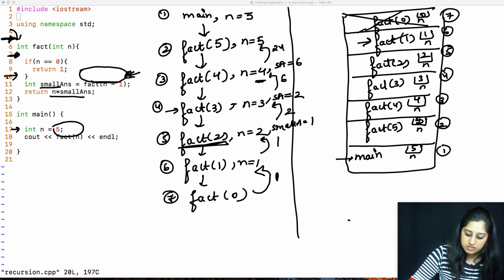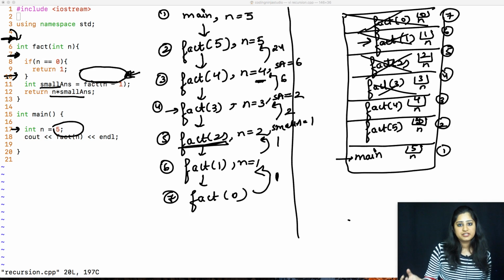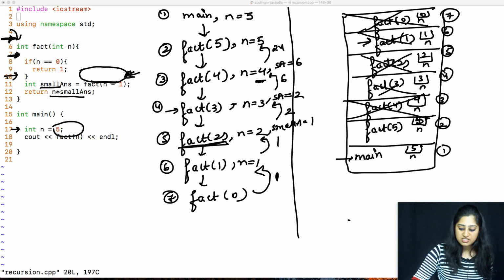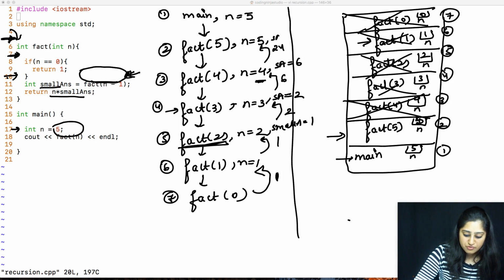Whenever you return from a function, these calls will be deleted from the memory where I have stored them. So as soon as factorial 4 returns, its call is done and we'll remove it. Factorial 5 is still there in memory because it is waiting for the result. Main is still there in memory because it is waiting for the result. So small answer for factorial 5 will be 24.